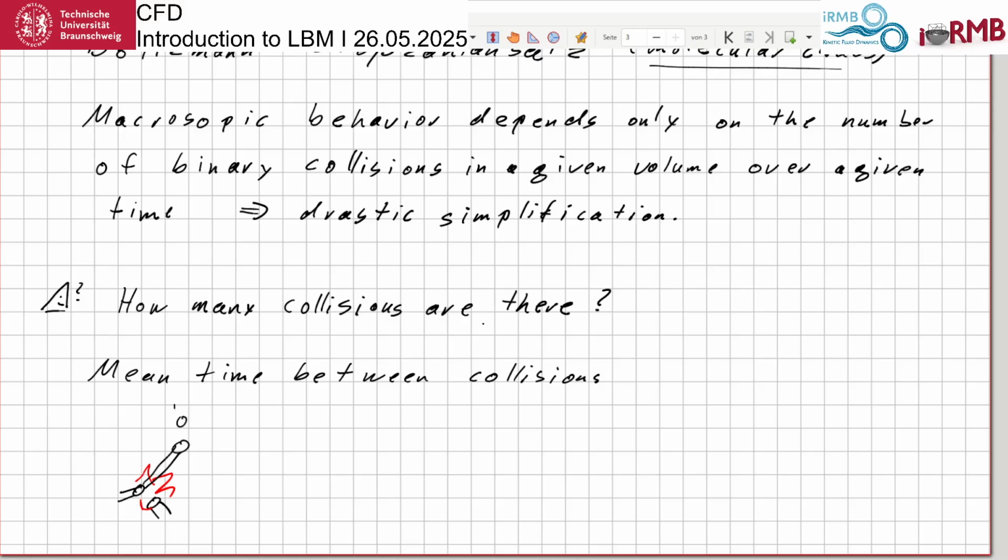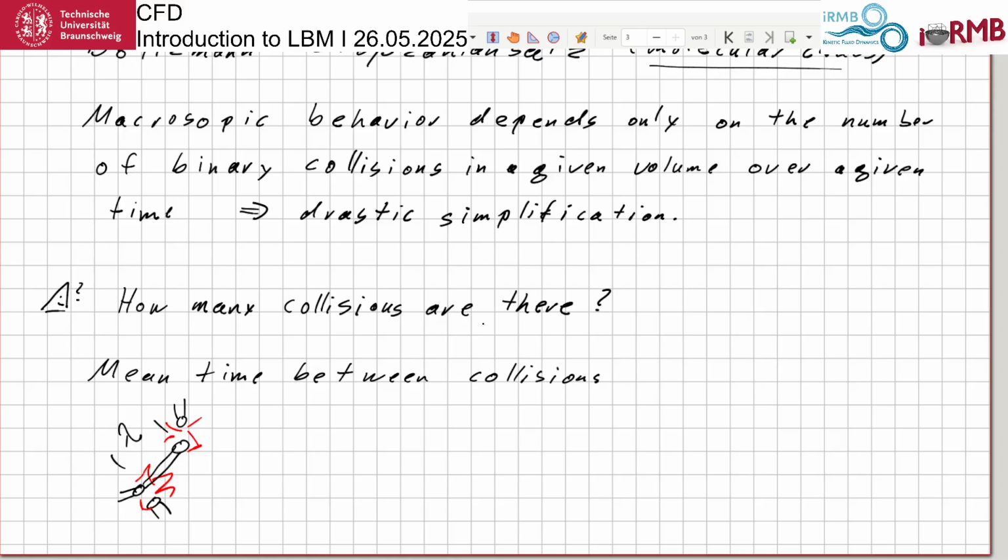And here's the next time somebody is coming and they have the next collision. Okay? So then there obviously is a distance traveled between these collisions that we call lambda, and this distance is covered in a certain time.